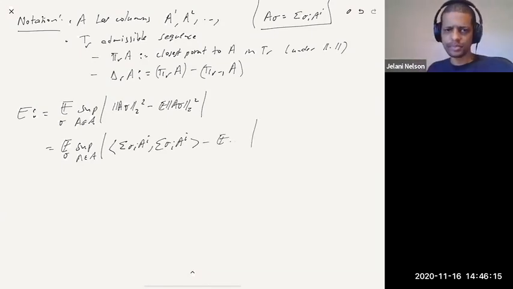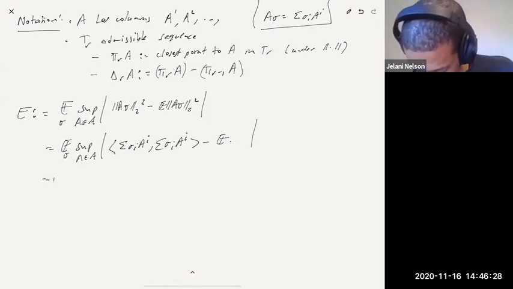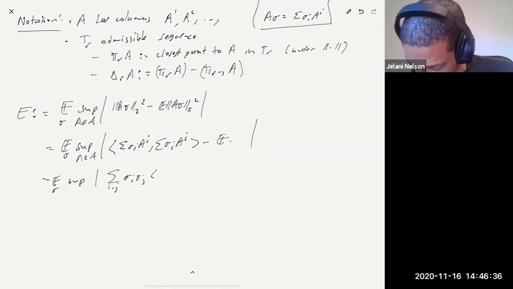Okay. So notice that when you have the diagonal terms in the dot product, you're going to have sigma_i squared. So, let me just write it like this. This is equal to the expectation over sigma of the sup of the sum over all i, j of sigma_i sigma_j times the dot product of A_i and A_j, minus that expectation over there.